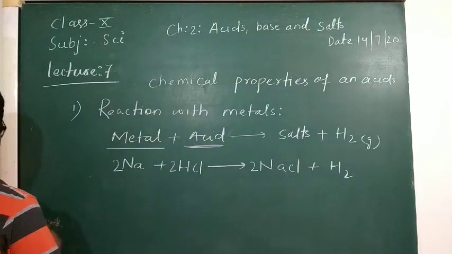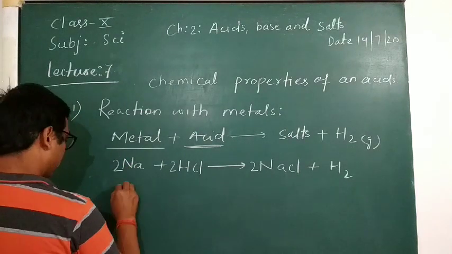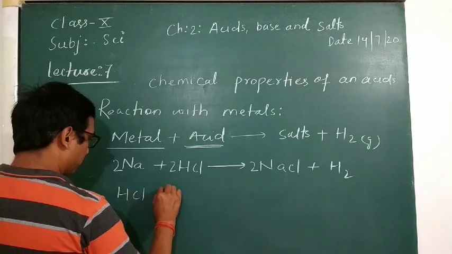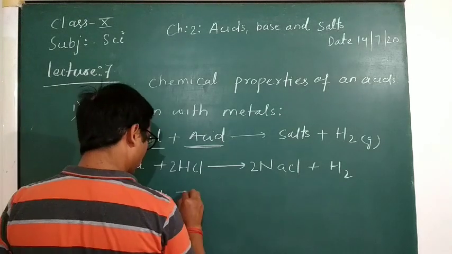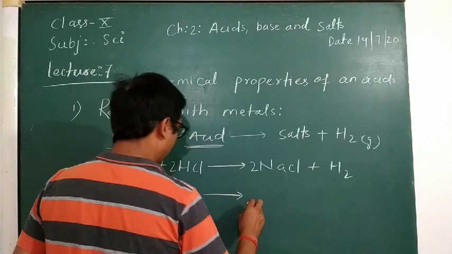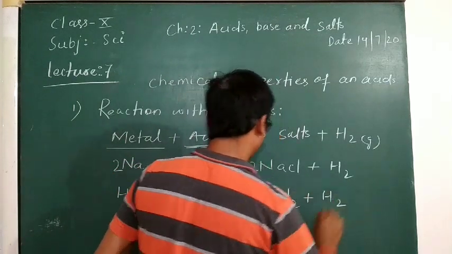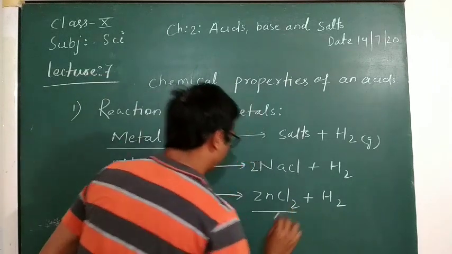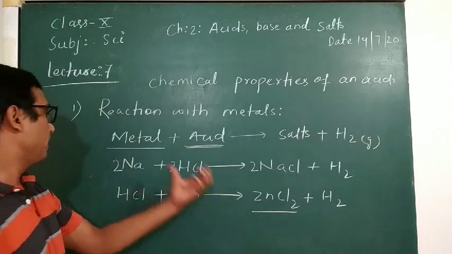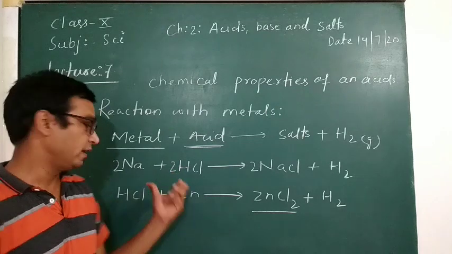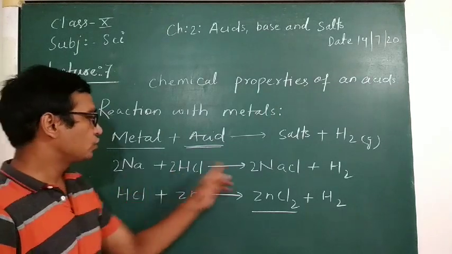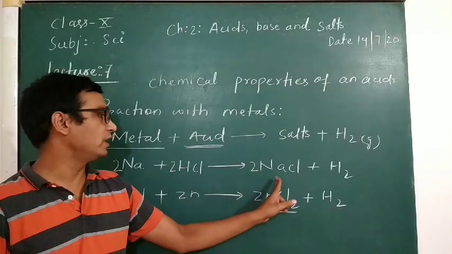You can also take another example like HCl plus zinc. It forms ZnCl2 plus H2. So this salt formation depends on the metal we have taken. Here it is sodium metal, so the salt formed is sodium chloride.